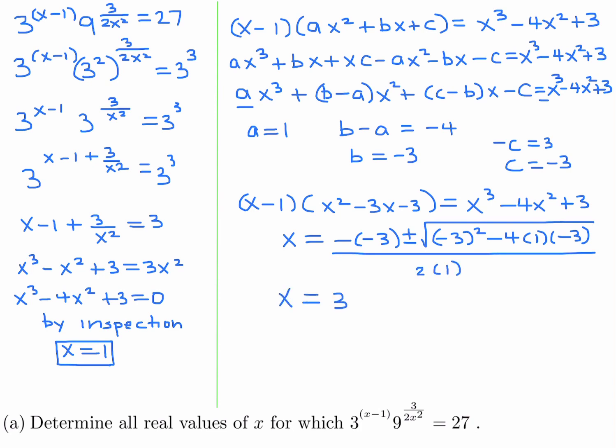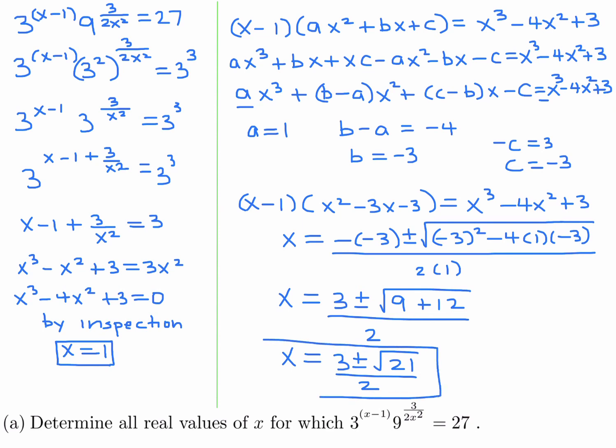And therefore x is equal to 3 plus or minus, this is 9 plus 12, all over 2. So this is 3 plus or minus root 21 over 2. So there you go. Those are my roots. X equals 1, x equals 3 plus root 21 over 2, and x equals 3 minus root 21 over 2.